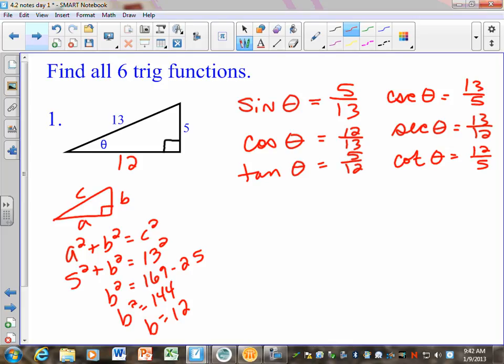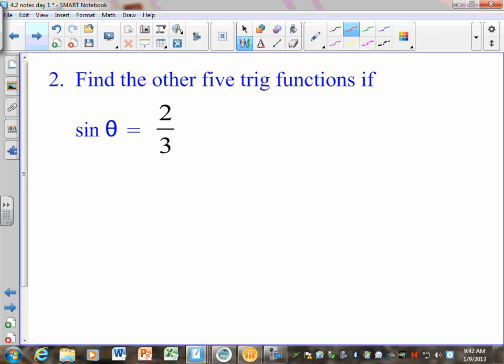What's another? What if they give you this instead of a little triangle? If they give you sine, what do you know right away?